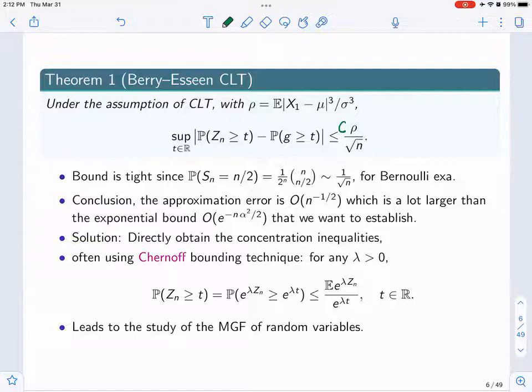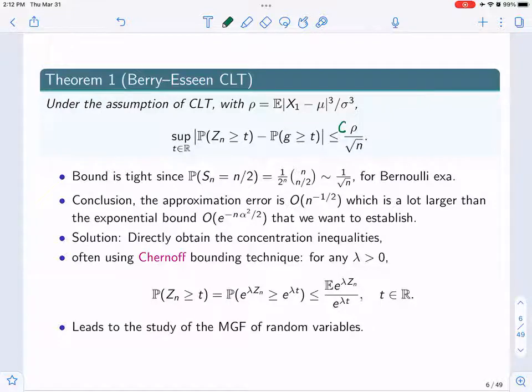That rho is like the normalized central third moment. So depending on the third moments of the distribution, this is a constant, and then drops like 1 over root n. Okay, and then you can show that this bound is tight, so that it's not like we can improve this. It's just one bound, and someone might do better.